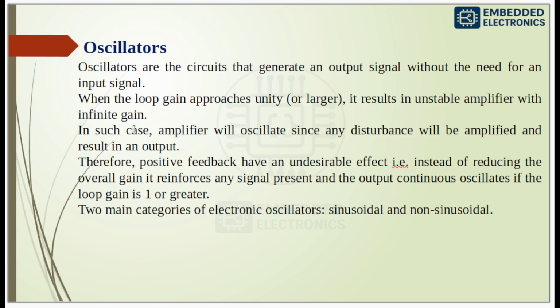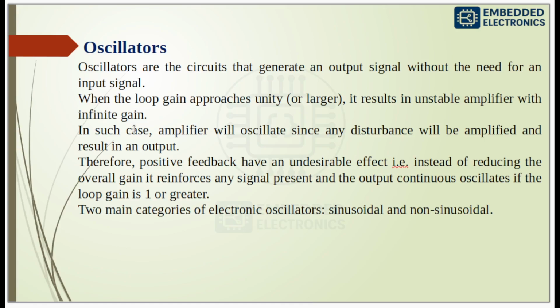Non-sinusoidal oscillators produce output having a square, rectangular or sawtooth waveform. That is also called a relaxation oscillator. It can provide output at frequencies ranging from 0 Hz to 20 MHz. So that is about the two classifications of oscillators.